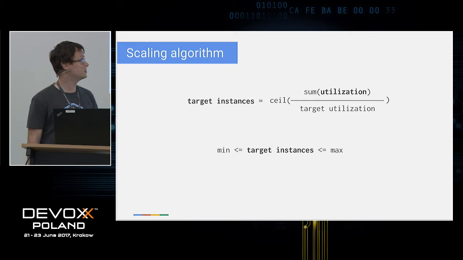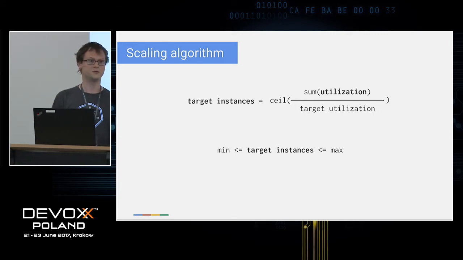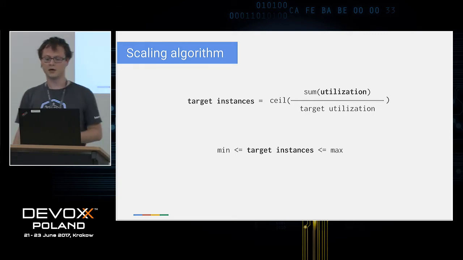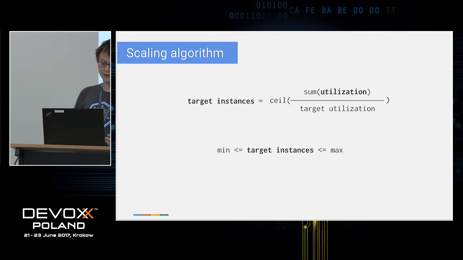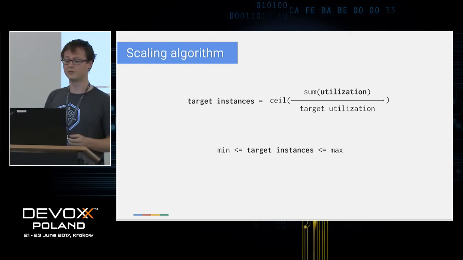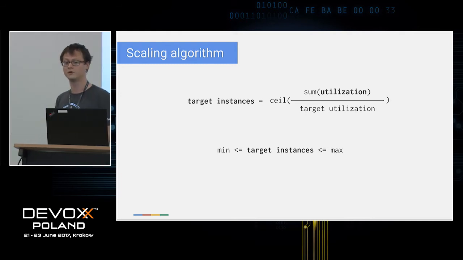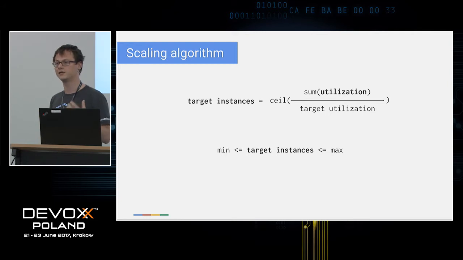By utilization, by default, we mean CPU usage here. We also have alpha support for custom metrics, so that can be any metric you provide, really, anything you want. But that being said, not all metrics work very well with this algorithm. We really expect our metrics to react quickly to the changing number of instances for this formula to work.